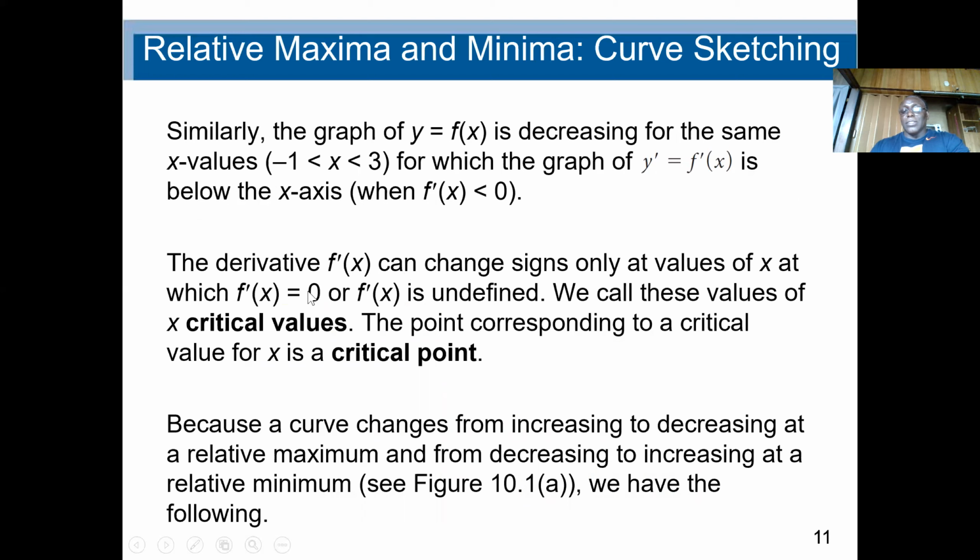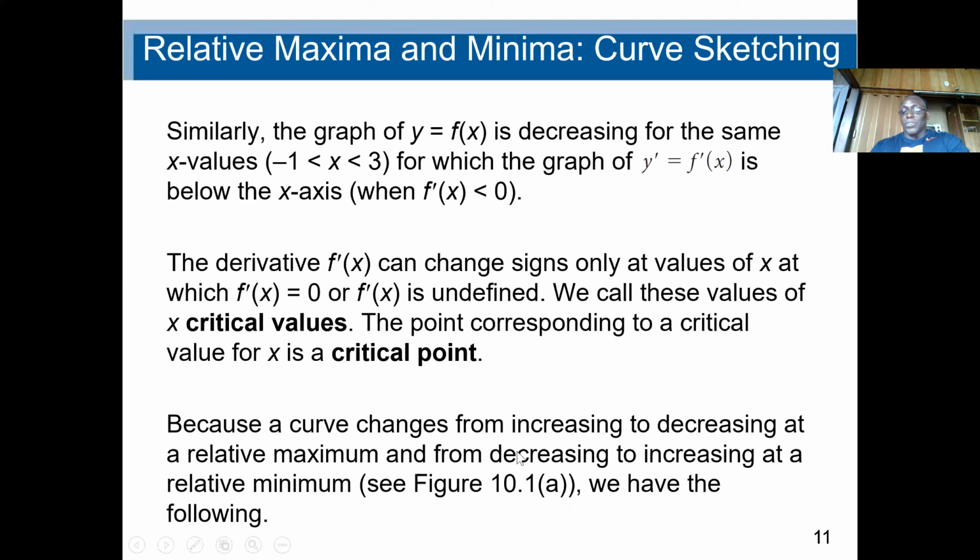So here we say the derivative of f(x) can change signs only at values of x at which the derivative of f(x) equal to 0, or what? The derivative of f(x) is undefined. And normally we call these the critical values. So the critical value or the critical point is where we have the turning point of the function.